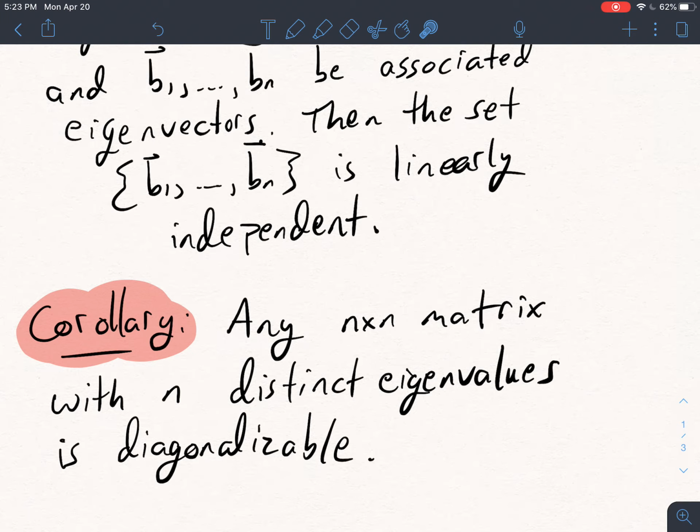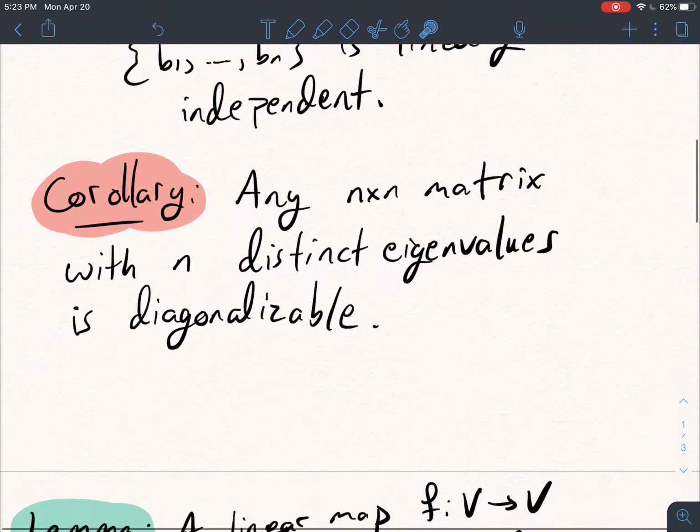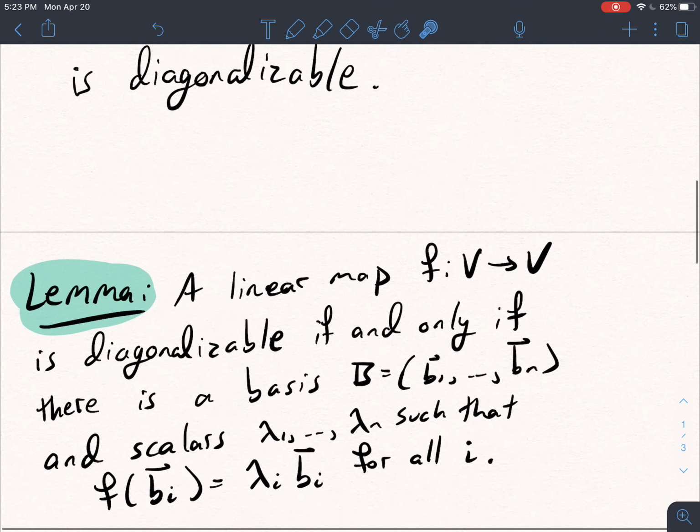So anyway, more importantly, the following corollary gives us one way to automatically say that a matrix is diagonalizable. If you have an n by n matrix with n distinct eigenvalues, then that matrix is automatically diagonalizable.